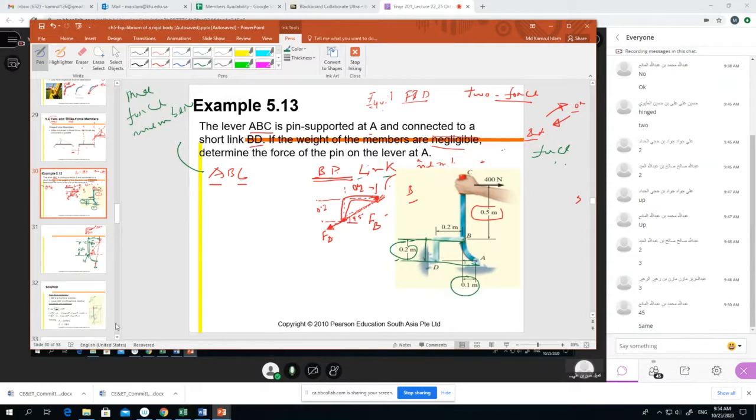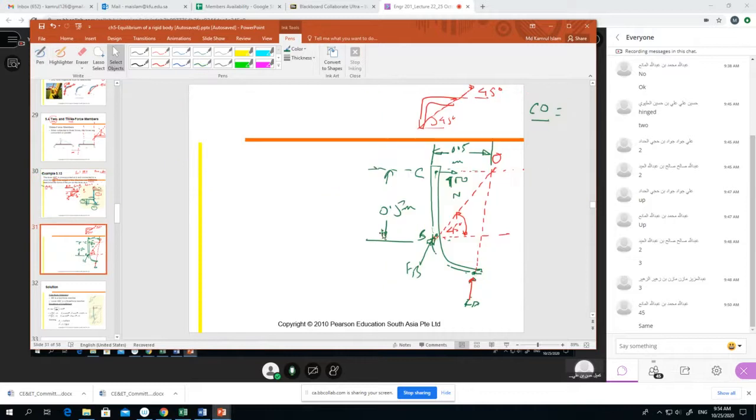So we write down those dimensions because we need them. Here this was B and here A, right? So here the distance is 0.2 meter, and A to B this distance is 0.1 meter. We know this direction, right?